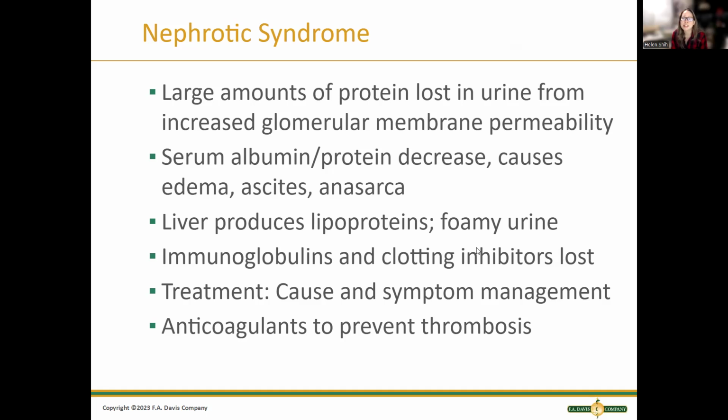You could also have ascites. Ascites is a term used to describe accumulation of fluids in the abdominal cavity. And then you can also have a condition known as anasarca, which I have to briefly pause to look up what exactly it was because I can't remember. Okay, have to look it up.